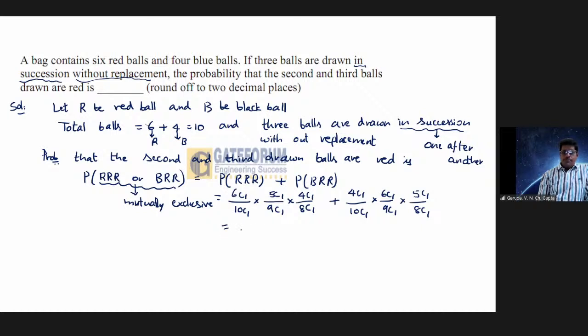Each is the same, using the multiplication theorem in conditional probability. So I can write directly 4 into 5 into 6 by 8 into 9 into 10. So this simplifies to 1 by 3, approximately 0.33.